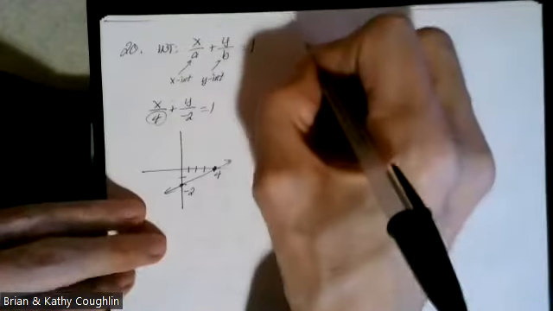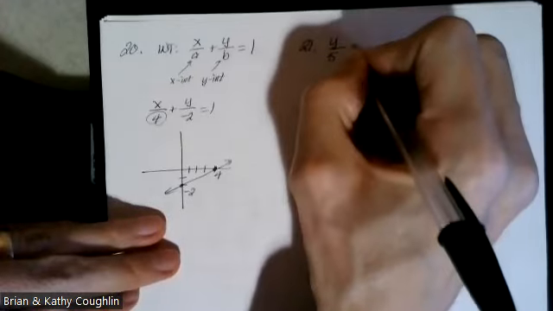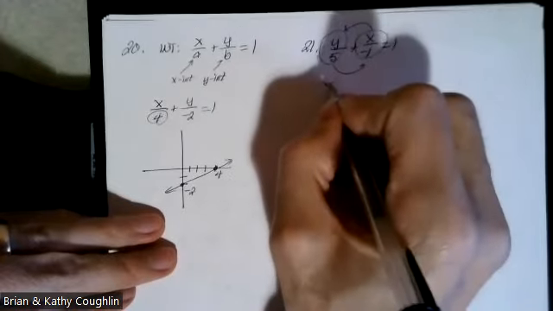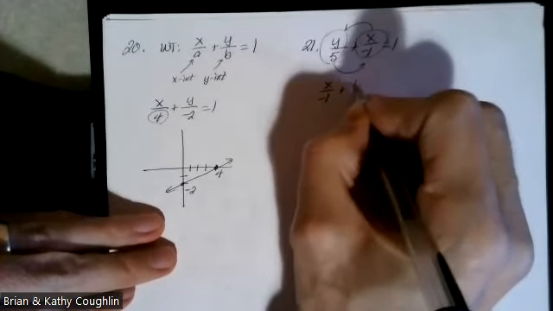Does that make sense? Now, the other one, number 21, looks like this. y over 5 plus x over negative 1 equals 1. Just be careful. These are in the wrong spots. But addition, you can flip around. It's x over negative 1 plus y over 5 equals 1.